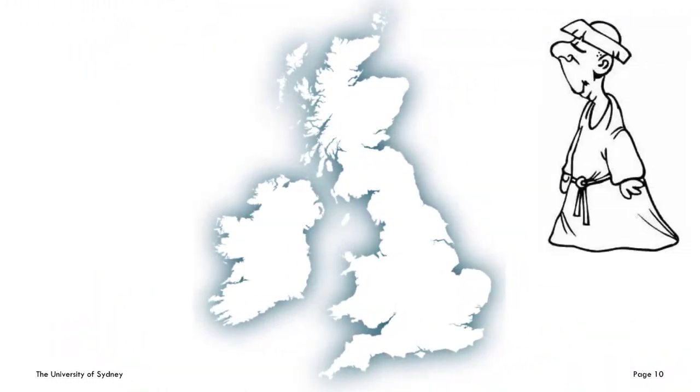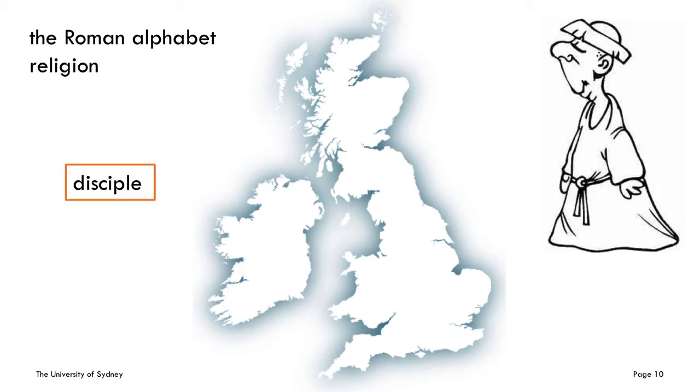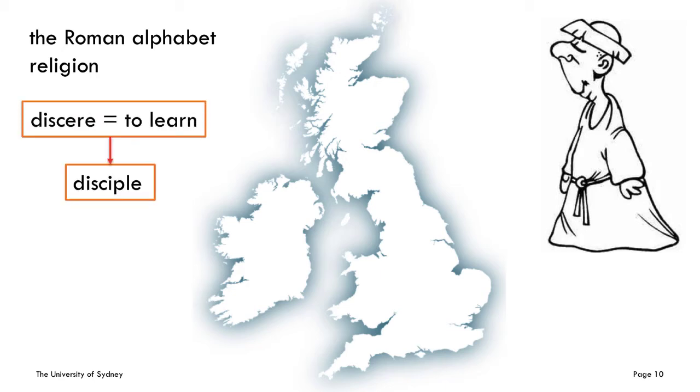Early in the current era, Britain was also settled by Roman missionaries who successfully spread Christianity. They established the Roman alphabet as a system for writing and introduced words related to religion like angel and bishop. One of these, disciple, meaning pupil and derived from the Latin word for to learn, gave us the word discipline.